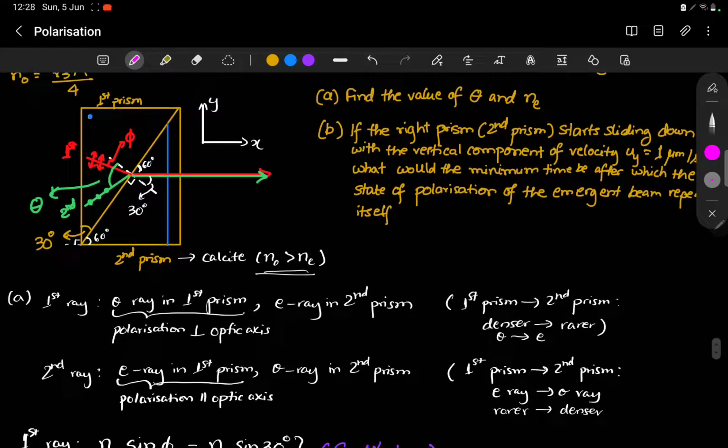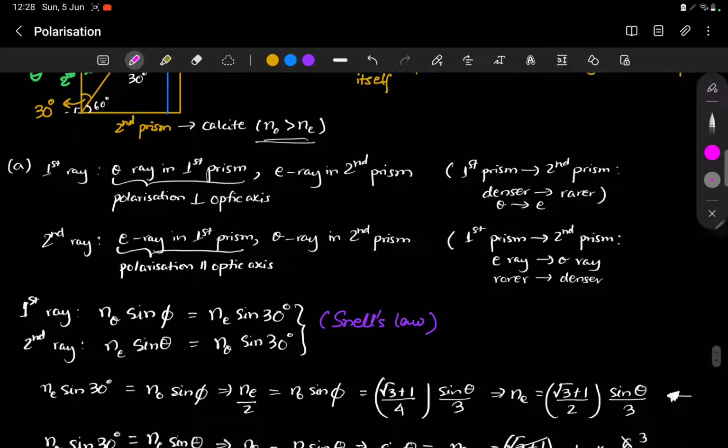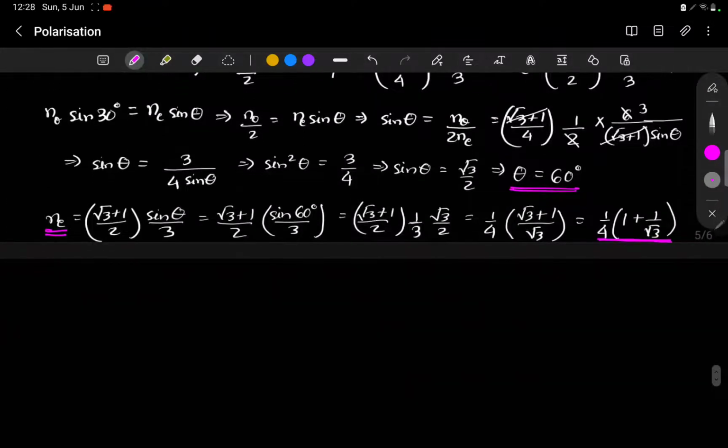So in the second part, the second prism is sliding downwards along the interface. So let us draw the diagram for that.